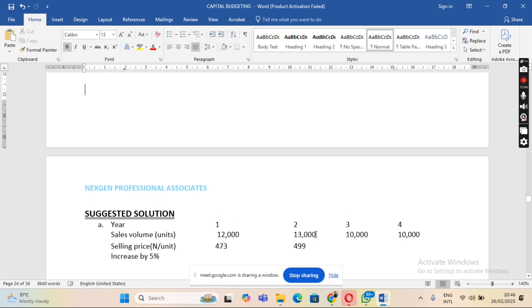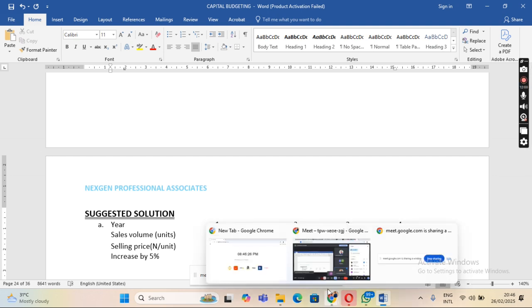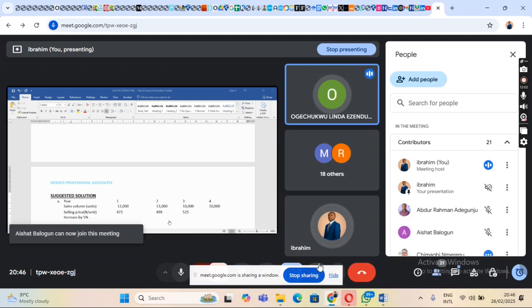The third one, 525. So the first one, 472.5 for the first year. What do you have for the first year? I have 472.5, I've approximated it.